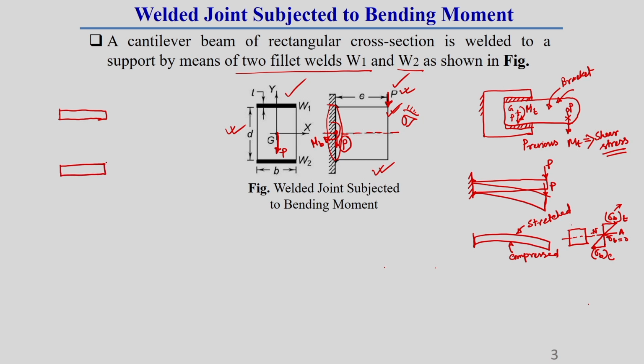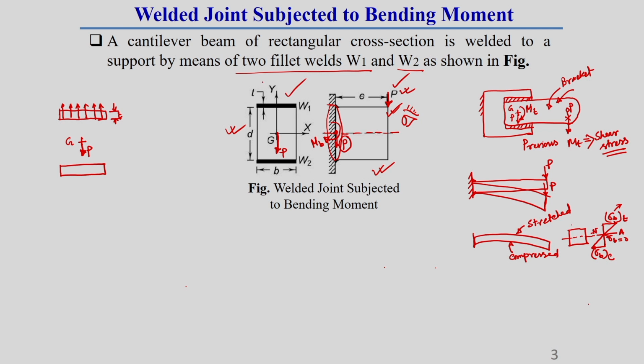So, this force P, once we transfer from this eccentric position E to the center of this weld plane, the G location, due to this force P there will develop a shear stress, which is similar to the previous case. Let this shear stress act along its throat area. This is the throat cross section.